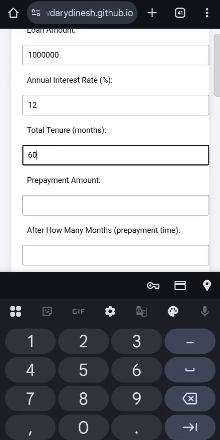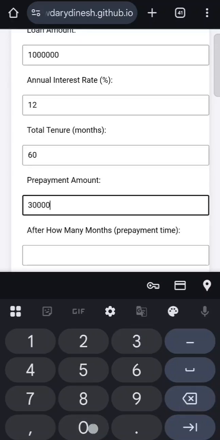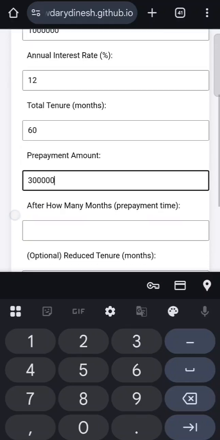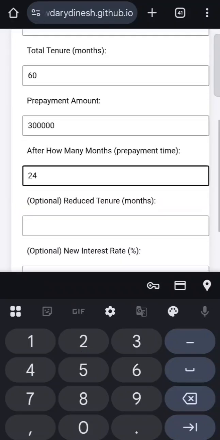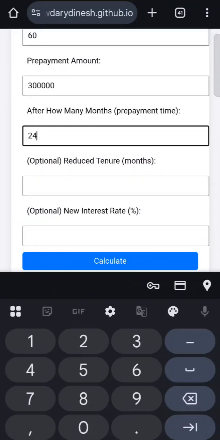And say you wanted to pay 3 lakhs, and you wanted to do the payment after 2 years. And there are two optional fields, which I'll talk about after performing this operation.